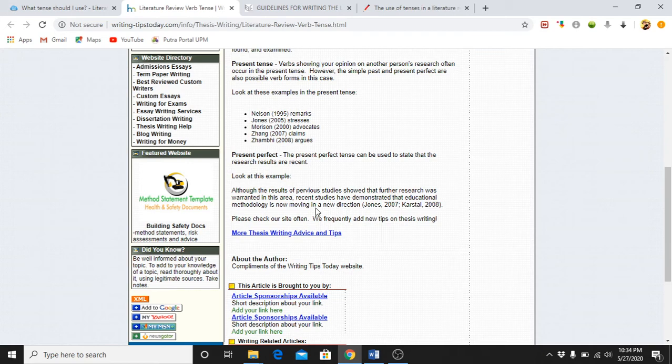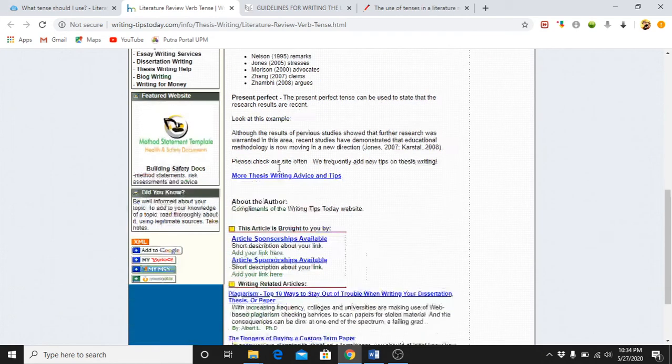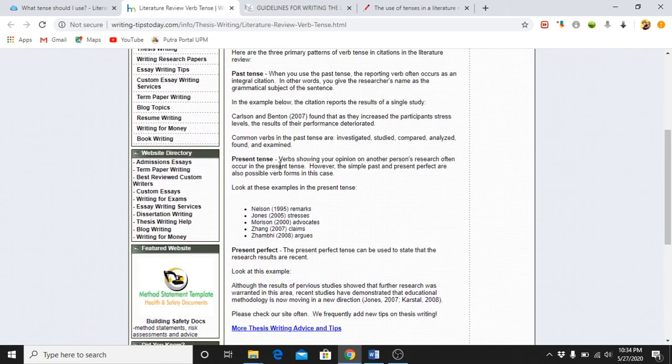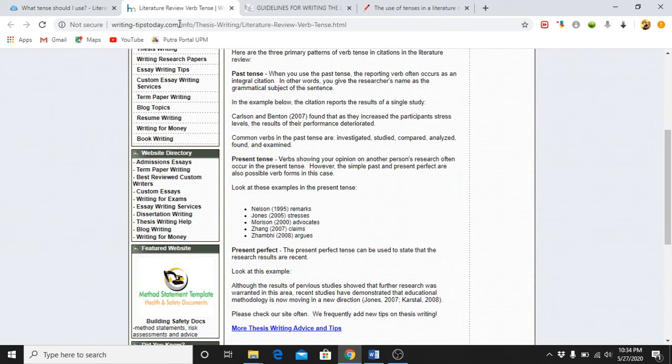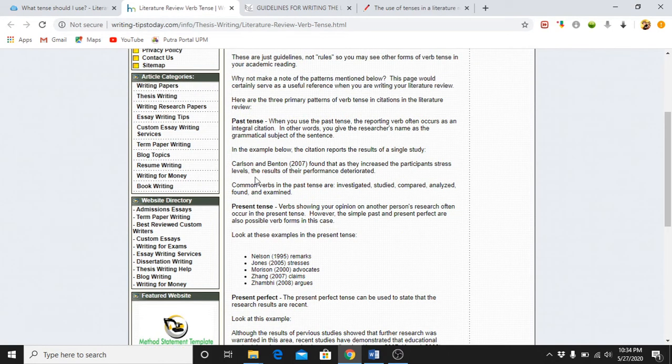So you can also combine the perfect tense, the present perfect. The first website talks about how you should avoid the future tense. However, the second website said that you can use the present perfect in a combination of past tense and present tense. You also can use the present perfect.